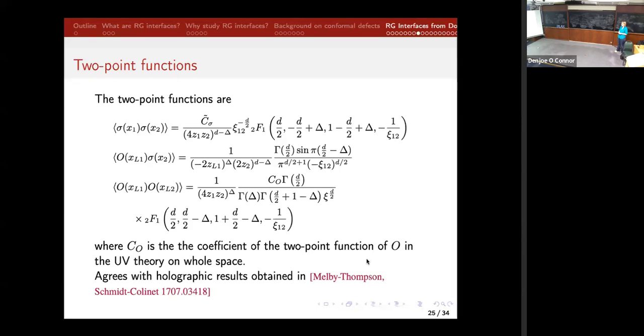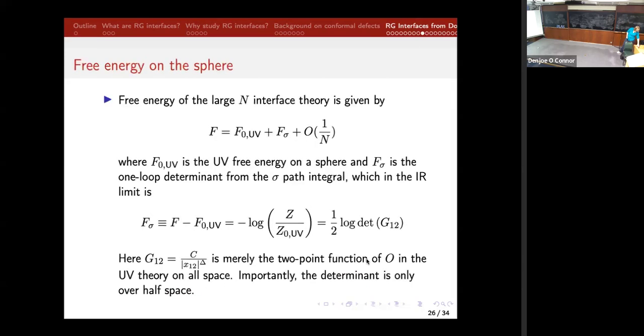So the main thing is the dependence on the cross ratio psi. And this was also computed in this Melby-Thompson, Schmidt-Colinet paper, and it agrees with what they obtained. So another thing that we looked at was the free energy on the sphere.